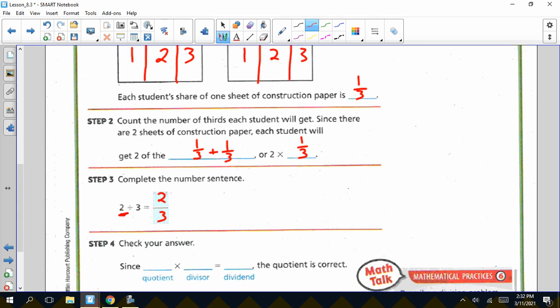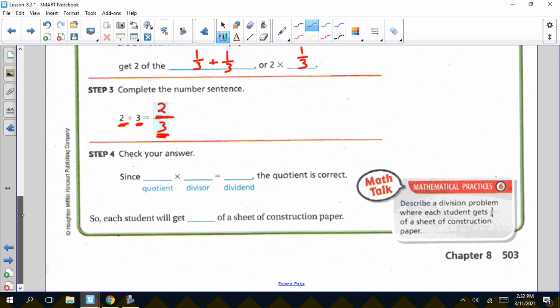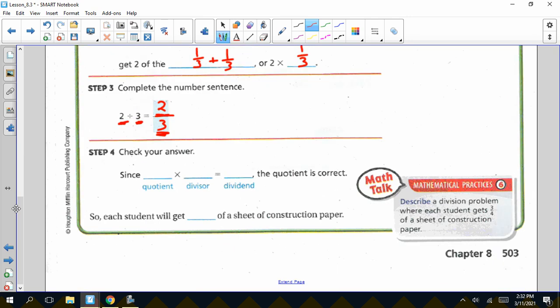The first number will be our numerator, and the second number that it's being divided by is going to be the denominator. So 2/3 can be written as 2 divided by 3, or 2 divided by 3 is also 2/3. To check that, we can think, if you had 2/3 and you multiplied it by 3, because there were 3 people, thinking 3 over 1, you could get an answer of 2.